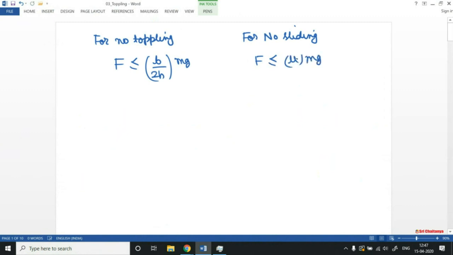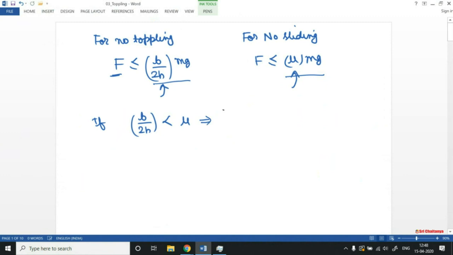Okay, so if we are slowly increasing the value of F, whether this limit will reach first or this limit will reach first is going to depend upon this coefficient or this coefficient over here. So if b by 2h is less than mu, then the condition for toppling will reach before the no sliding condition.